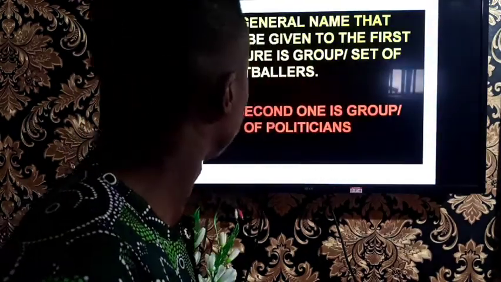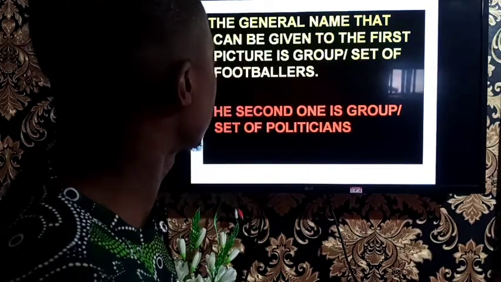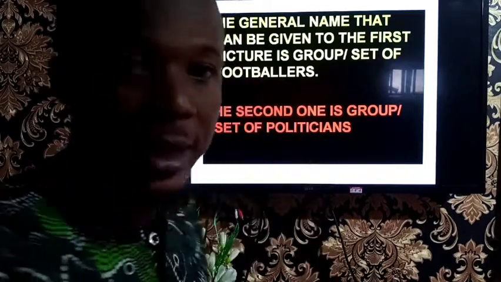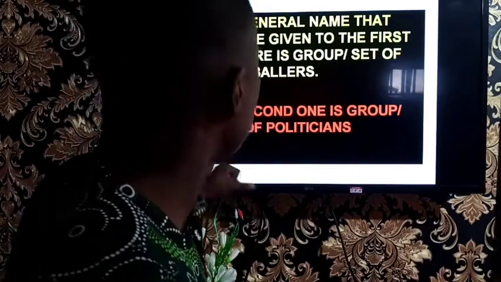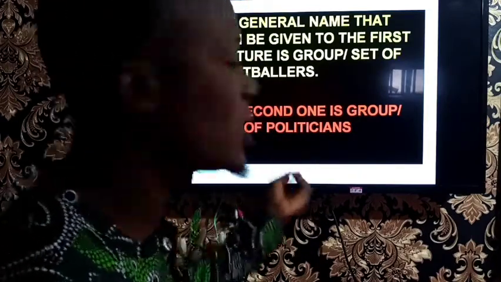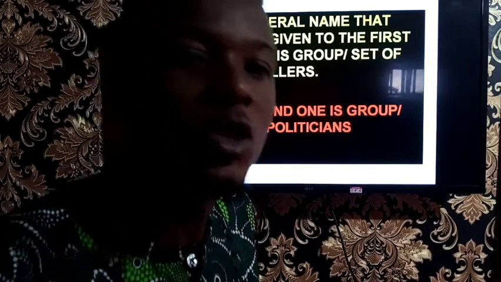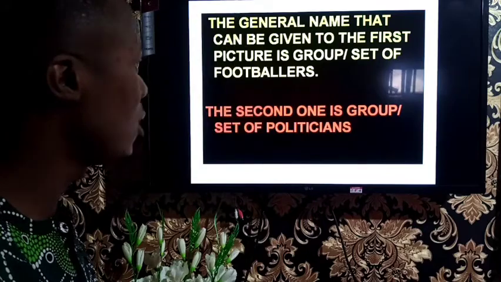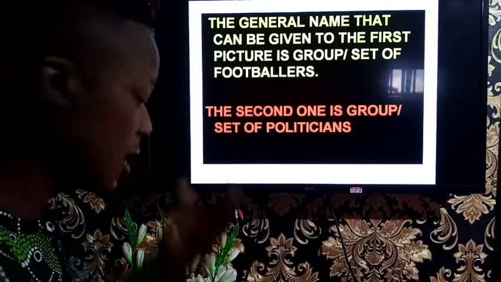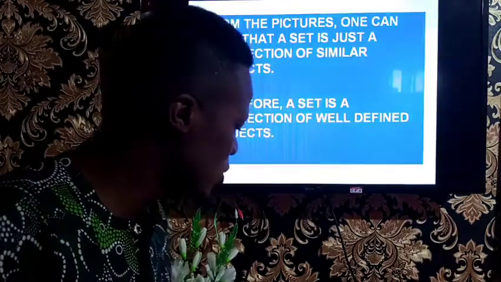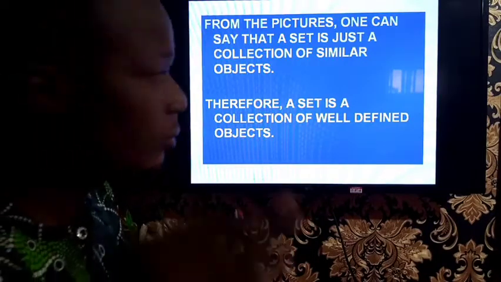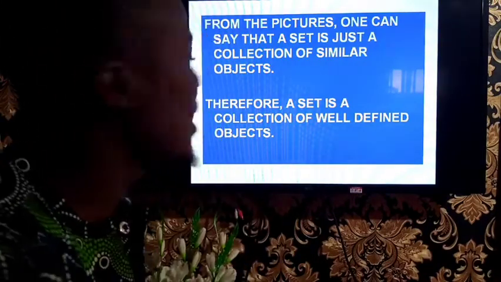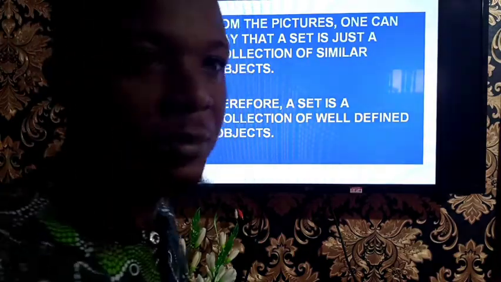Okay. Now, the general name that can be given to the first picture is just group of footballers, like I said, while the second one is just the group or set of politicians. You can as well call them the set of politicians in Nigeria or the set of governors of states in Nigeria. Okay, let's continue. Now, from the pictures, one can say that a set is just a collection of similar objects.